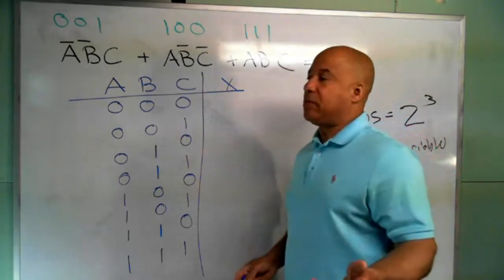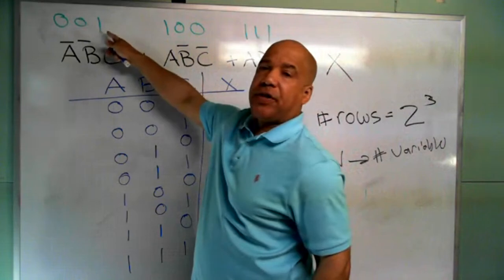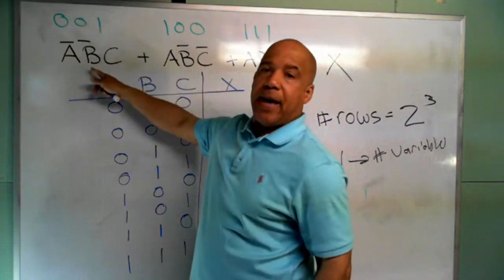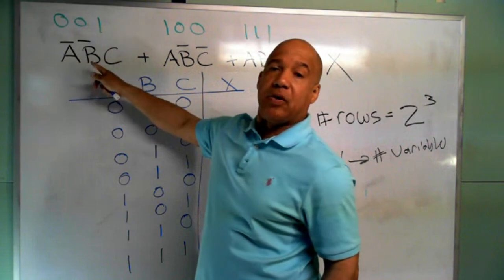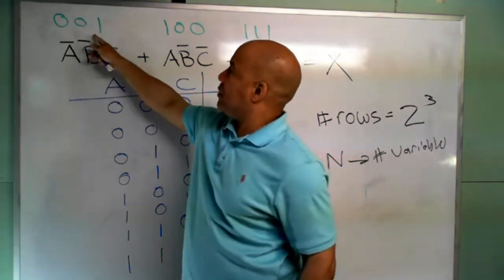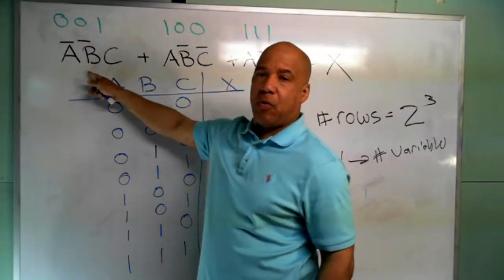Now, all you got to do, once you get your truth table, is use the binary value of each term. Since this is a SOP, SOPs always evaluate to 1. So the binary value of this term here is pointing to a particular row in the truth table where 1 occurs.